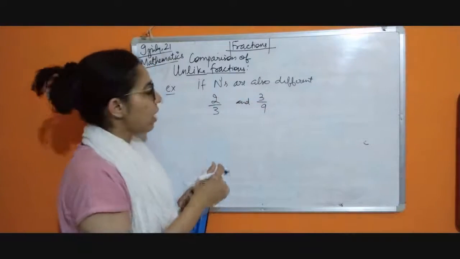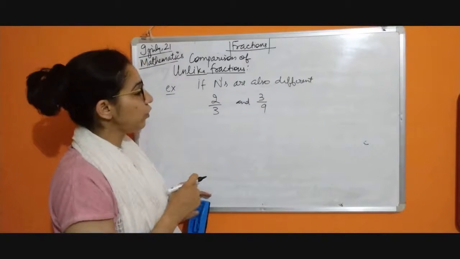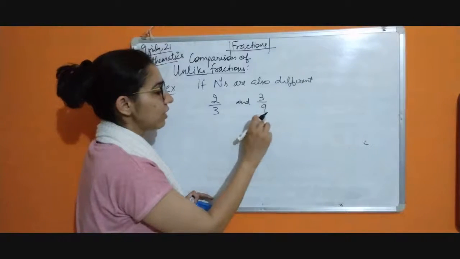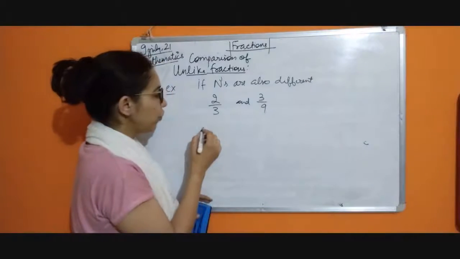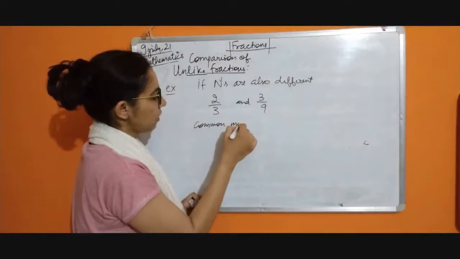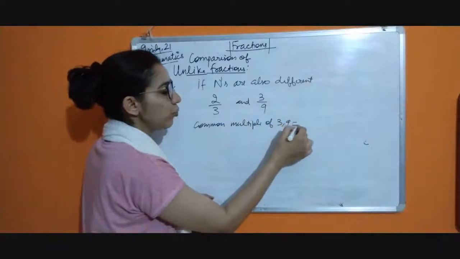What I will do is make the denominator the same. I will try to change them into like fractions. So here the denominators are 3 and 9. You will find the common multiple of 3 and 9, which is going to be 9.